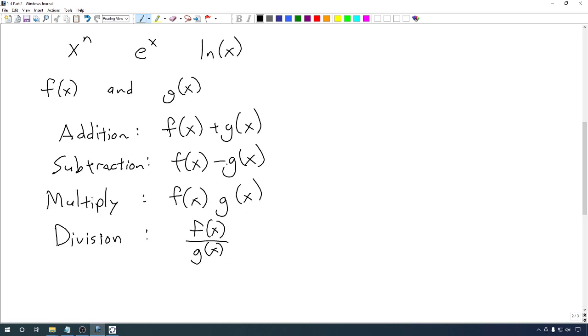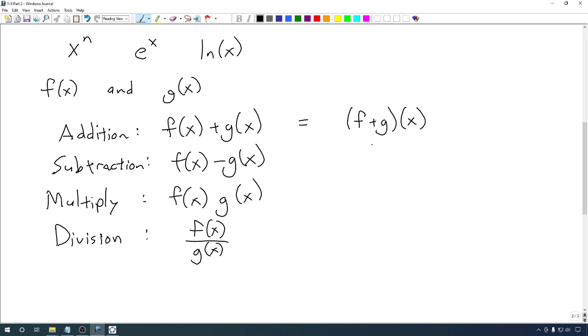Now, it is also frequently useful to give names to these new functions. So here, for addition, I might do something like f plus g of x. Basically, I'm defining a new function that I'm going to name f plus g. That is a new name. That's not a formula. It doesn't have any definition other than the one we're just writing right here.